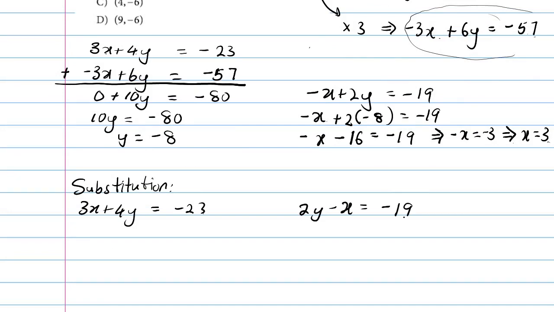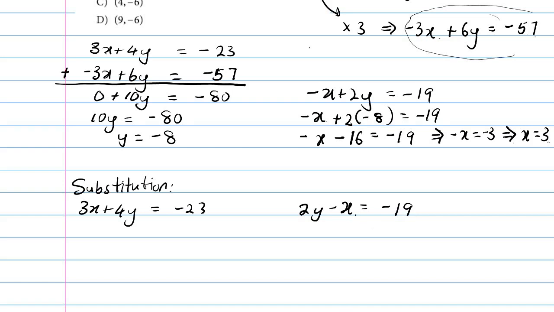Here we are going to write one variable in terms of the other. What variable should we choose? We have x and y. Here x has just negative x, so I would choose the variable which has the smallest coefficient.